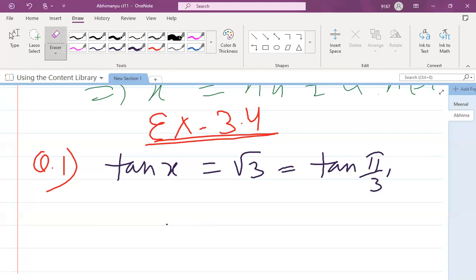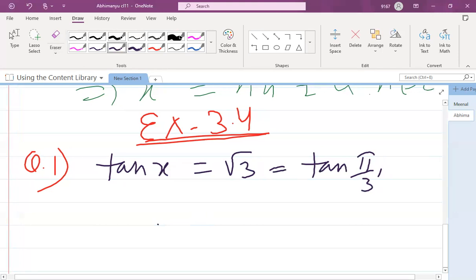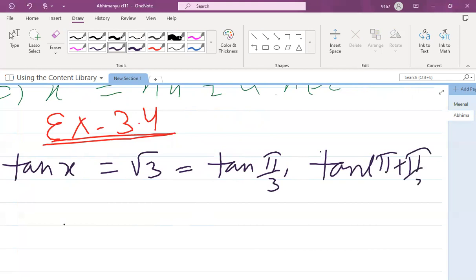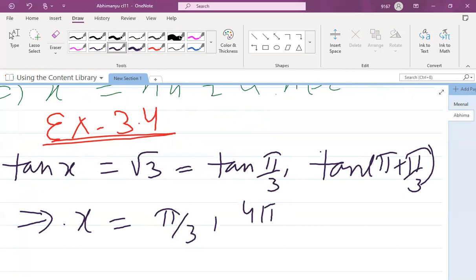So tan pi by 3 is root 3, और किस पर होगा? tan of pi plus pi by 3 पर भी पॉजिटिव वैल्यू होता है. So we have pi plus pi upon 3, which is 4 pi upon 3. So the principal solution is x equals pi upon 3 and 4 pi by 3.